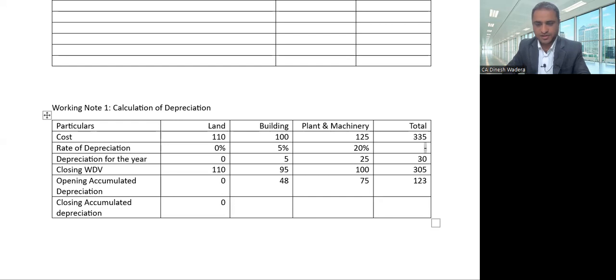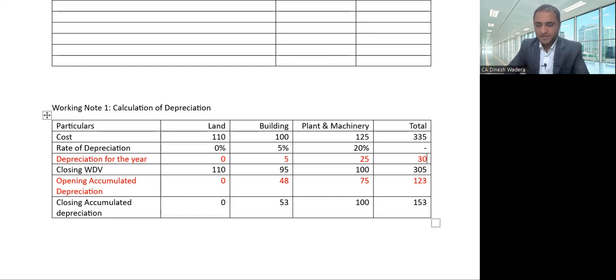So these two figures you have to add. Depreciation for the year will be added in the opening balance of accumulated depreciation. So we will get a closing accumulated depreciation. 48 and 5 will come to 53. 25 and 75 will come to 100, and total will be 153.